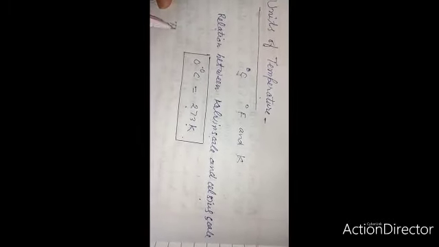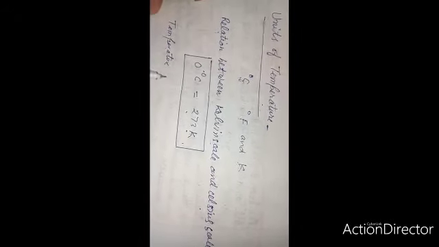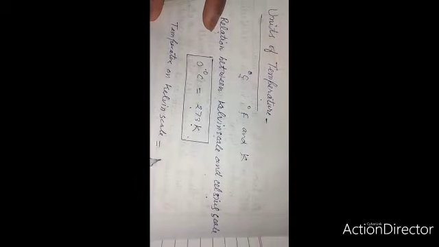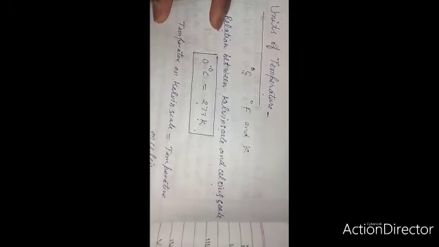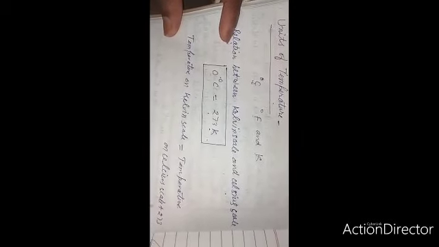That is, the temperature on the Kelvin scale is equal to the temperature on the Celsius scale plus 273.